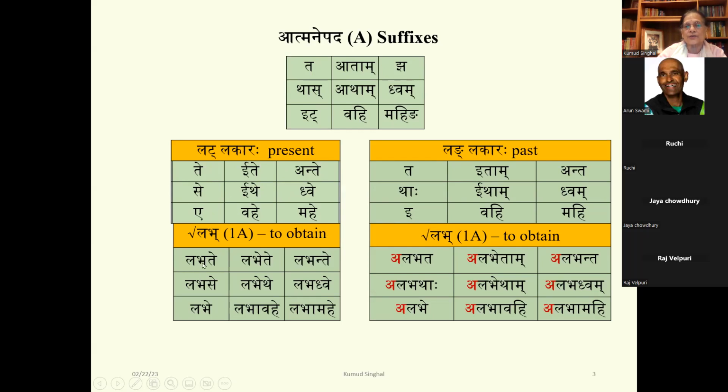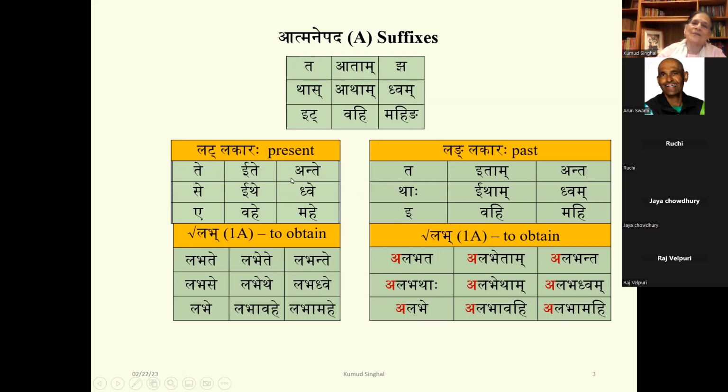The conjugations are labhate, labhete, labhante, labhase, labhethe, labhadhve, labhe, labhavahe, labhamahe. And in the past tense, they simplify to these.